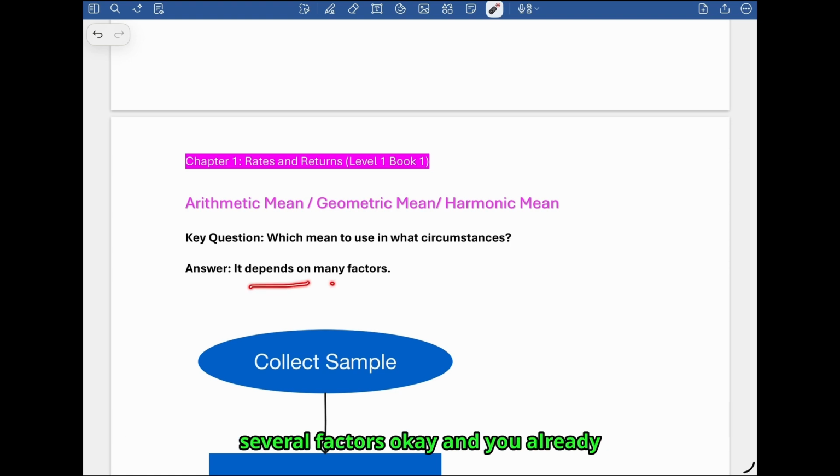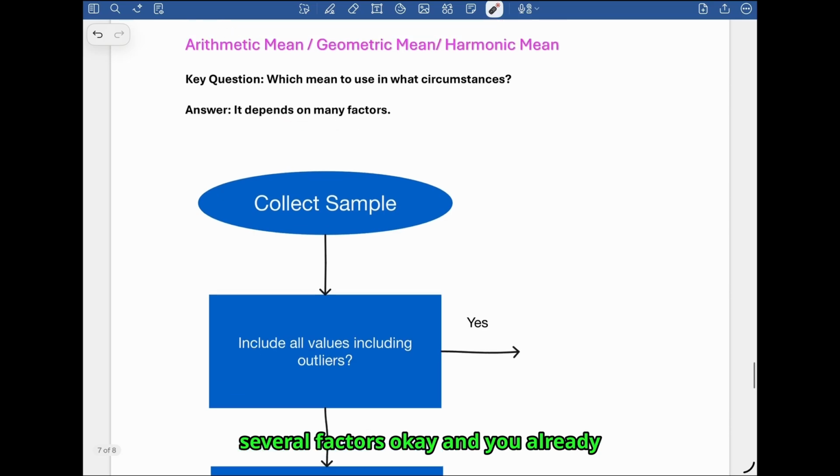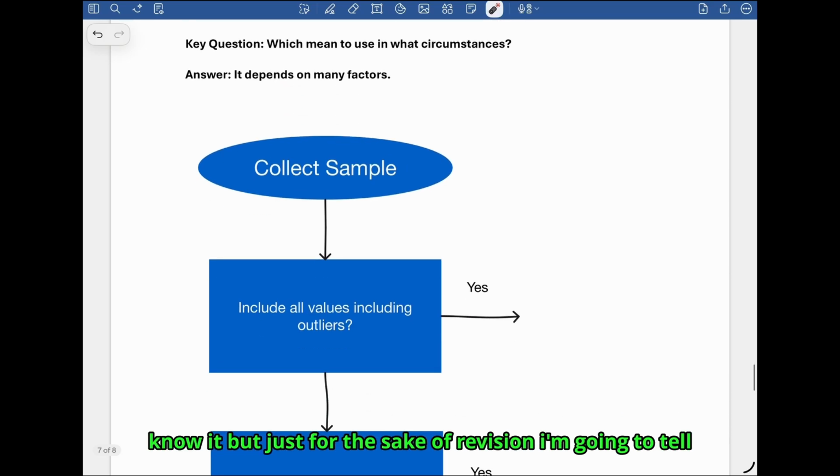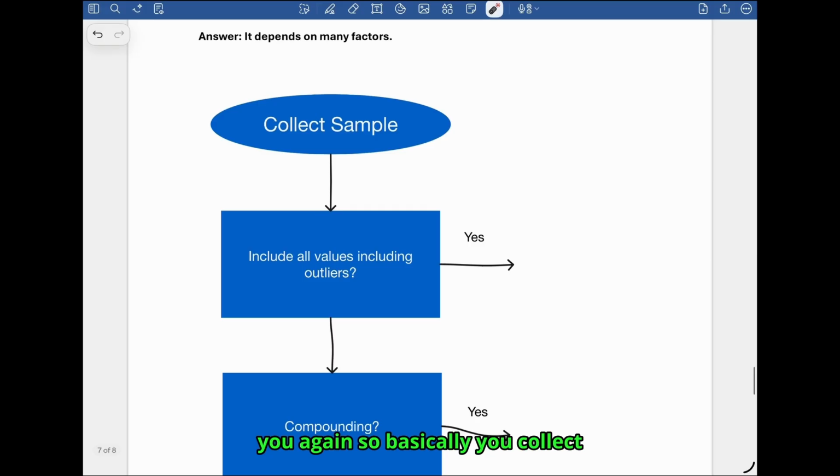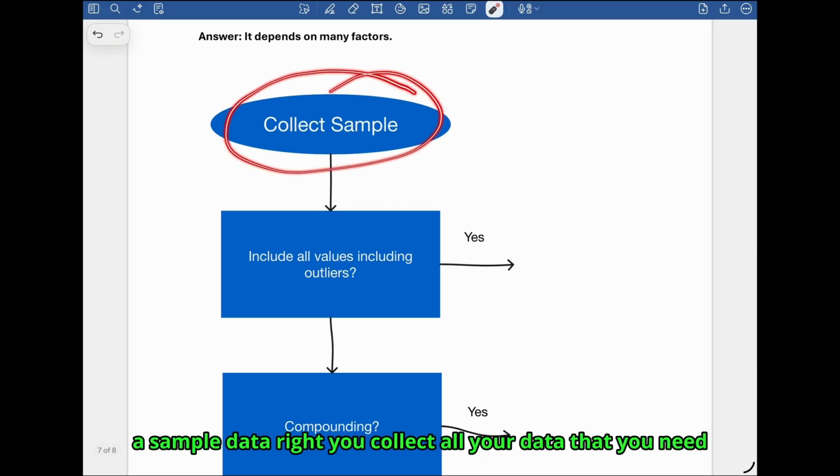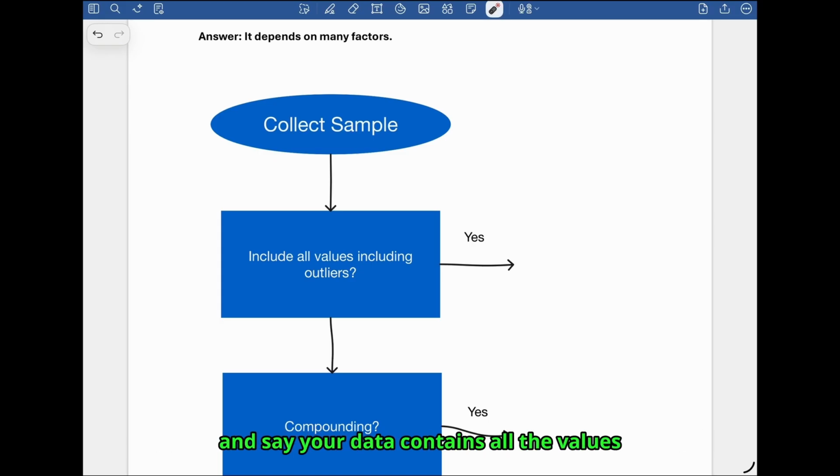So it depends on several factors, okay? You already know it, but just for the sake of revision, I'm going to tell you again. Basically you collect sample data, and say your data contains all the values, and it also includes some outliers, but it does not include extreme outliers.